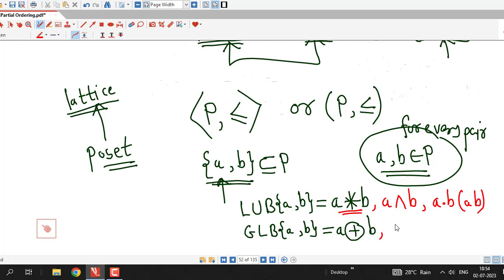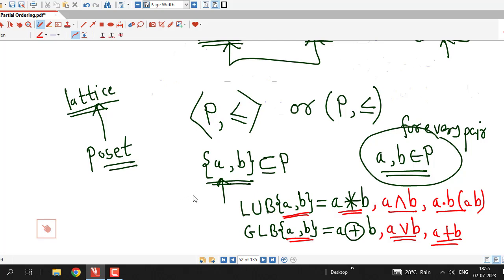Similarly, the greatest lower bound is also denoted by A or B, or A join B, or A plus B. So remember all these different notations also for LUB and GLB of this subset of a partially ordered set P.